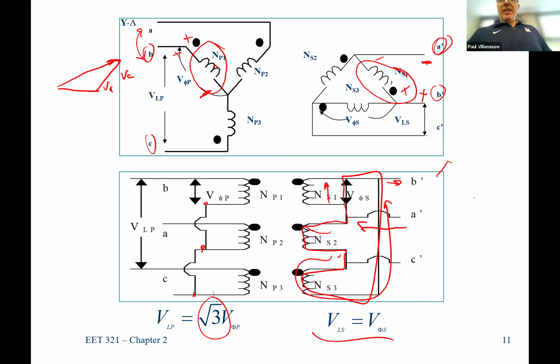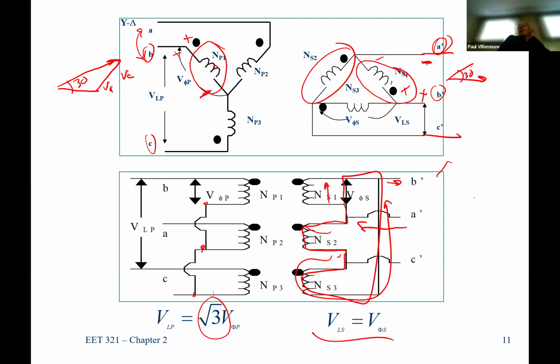VA to C over here is just from here to here, which is just this over here, right? So I don't have that 30-degree phase shift introduced. I just have this, which is basically going to be whatever that voltage is. So you can see I have a 30-degree difference between those two.